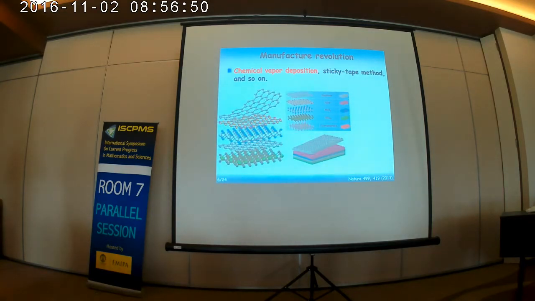And secondly, researchers now are trying to tune the electrical and optical properties of these two-dimensional materials by combining graphene and the other two-dimensional materials layer by layer. Okay, very interesting topic. And this research we call van der Waals heterostructure. It is the hottest topic in condensed matter physics and material science.